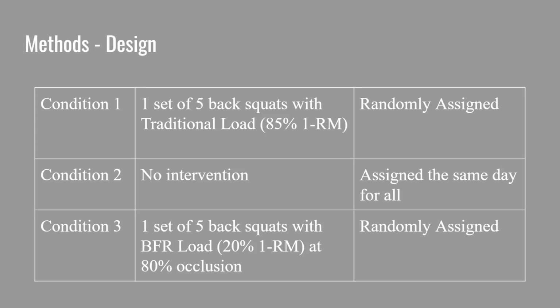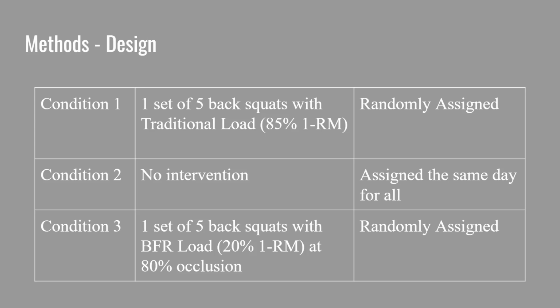Condition 1 and 3 were assigned randomly in order to reduce order effect, meaning that we didn't want the order of the experimental condition to be the one affecting the outcome variable and not the intervention. However, condition 2 was specifically assigned as the second testing day for all participants because we didn't want test day 1 to be super close to test day 2.